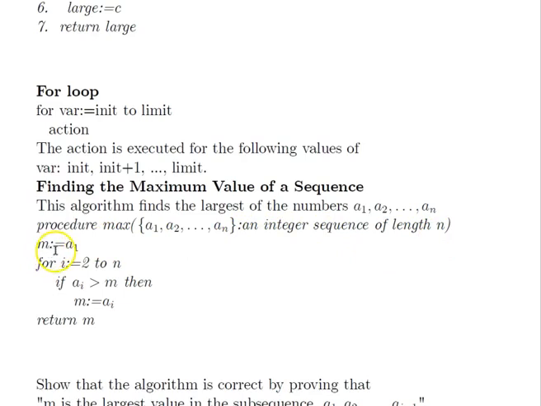First line, n takes value A1, for loop, for I from 2 to n, and this is the action of the for loop. It consists of this if statement. If A sub I is greater than n, then n takes value A sub I. Return n.